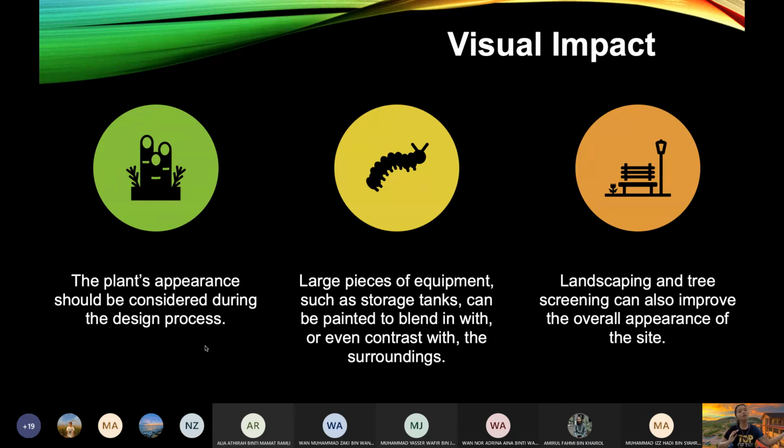So let's say kalau someone lalu your plant from outside, how will it look like to them? Okay, so if you have large pieces of equipment such as storage tank can be painted to blend in or even contrast with the surrounding, or you can also do landscaping and tree screening to improve the overall appearance of the site.